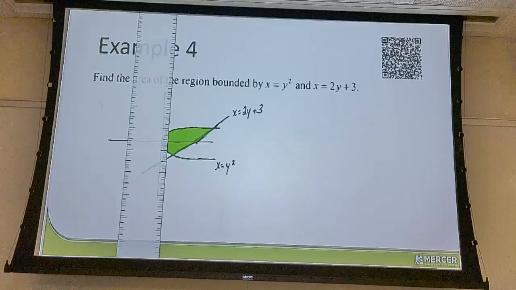The other limit is x equals y squared. And the lower is x equals 2y plus 3.